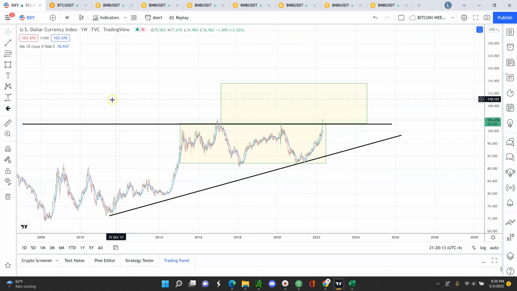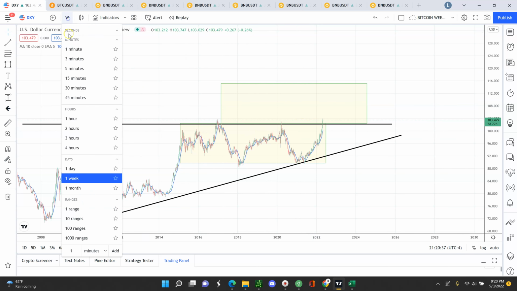But let's take a look at the daily chart. The weekly chart is definitely showing that the price is breaking out of this range, but it's still not out of that supply zone yet. I think that once it gets over 104 and a half probably, and is able to hold above that, then this area becomes the new floor.